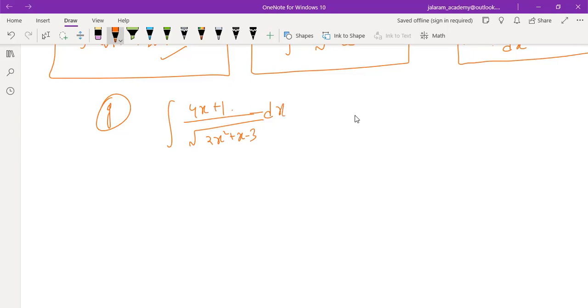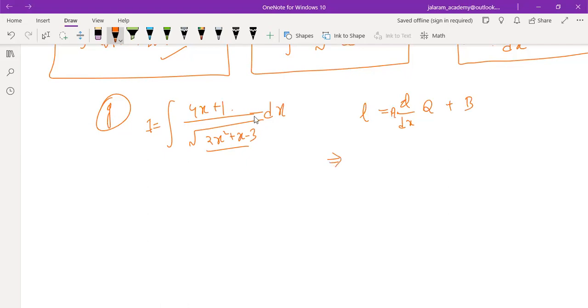So this linear term equals differentiation of the quadratic which is inside the square root, into a, plus b.